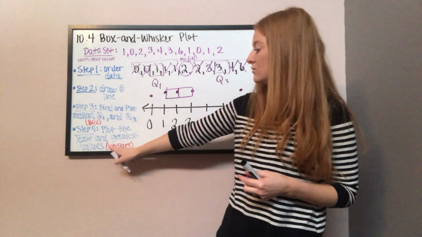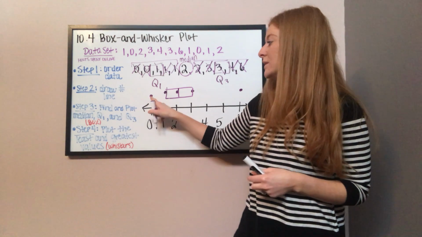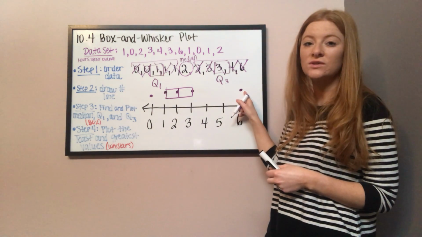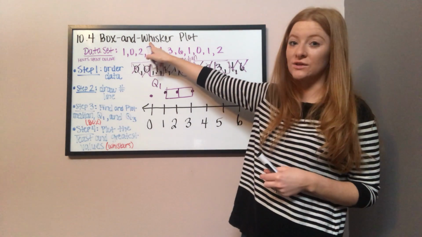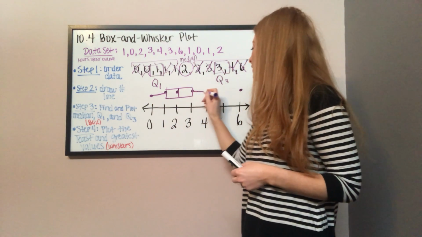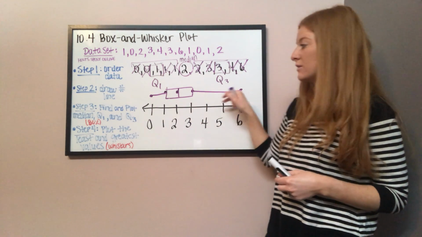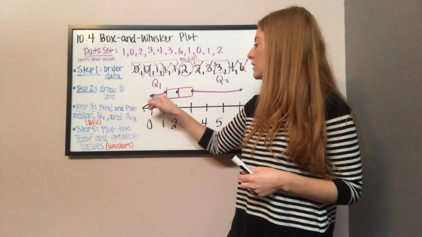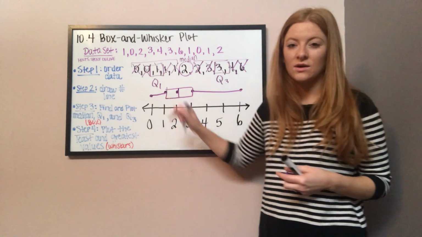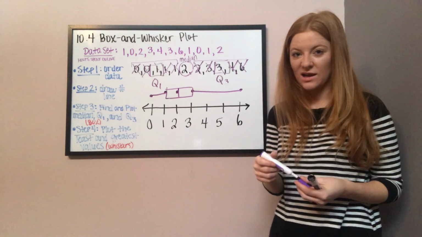If you notice, this says whiskers in red. Your least and greatest values are what create the whiskers in the plot, meaning you're just going to draw a line from your Q3 to the greatest value, and from Q1 to the least value. And this is your box and whisker plot.